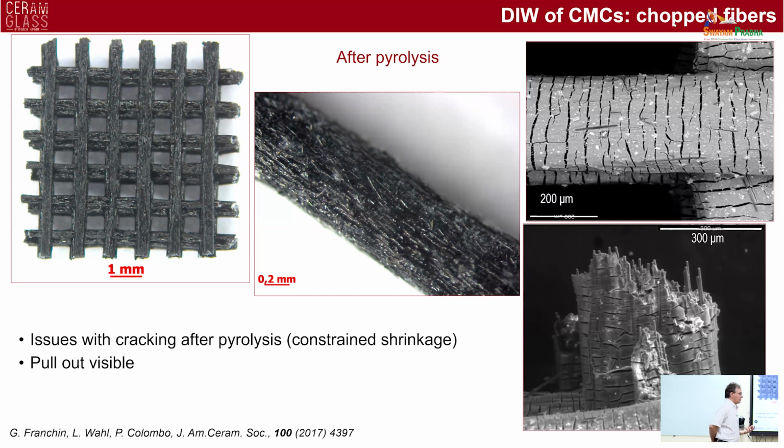And this leads to cracking of the filament, and cracking which is perpendicular to the fibers. So here you can see cracked filaments after pyrolysis, but you can also see the very nice distribution of the fibers within the filament and the alignment of the fibers along the axis of the filament.